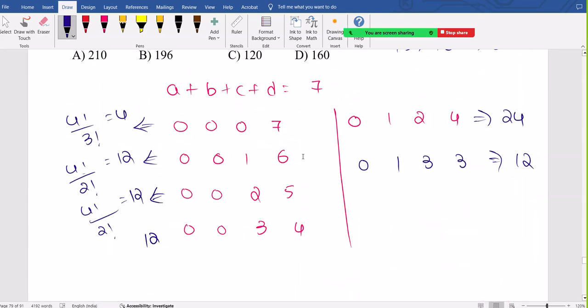Some combination still missed. We have a shortcut for this, don't worry. With 0, without 0 also we have a shortcut. See, n minus 1 C r minus 1 is one thing. Other one is n plus r minus 1 C r minus 1.